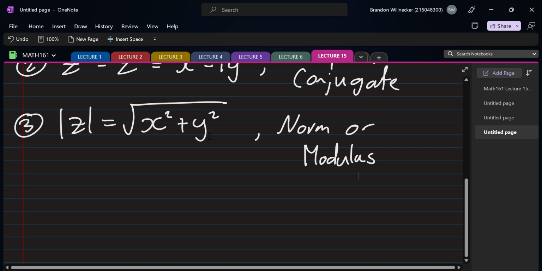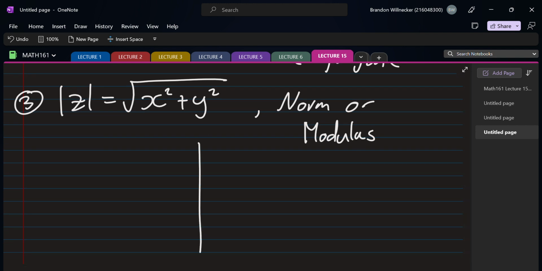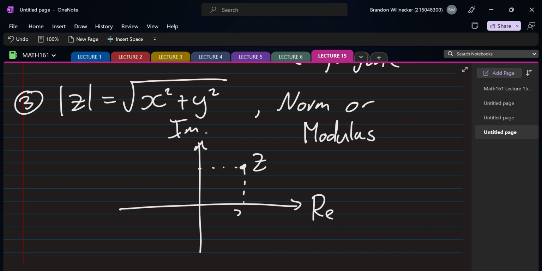If you look on the right-hand side here, root x squared plus y squared, that is the distance from the complex number to the origin. So here, if we have our complex plane with real part and imaginary part, some point here is a complex number z, with real part x and imaginary part y.